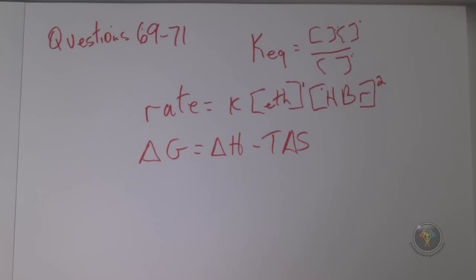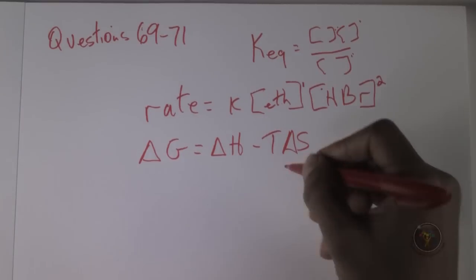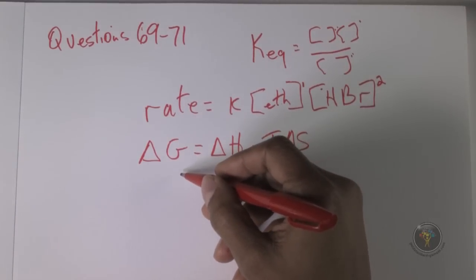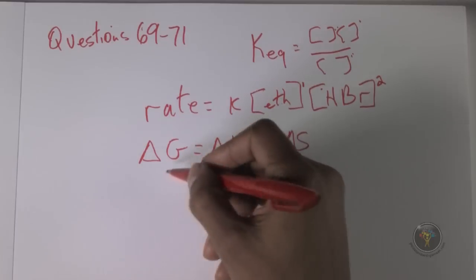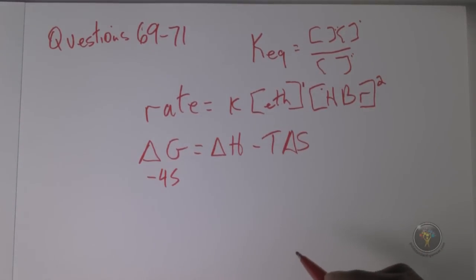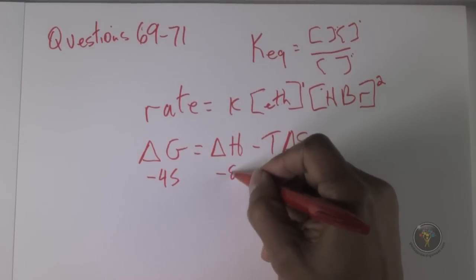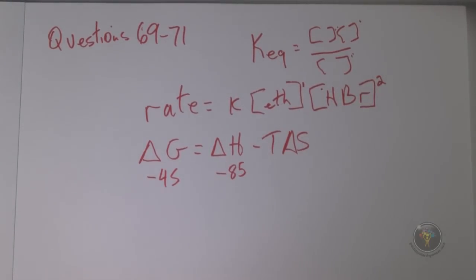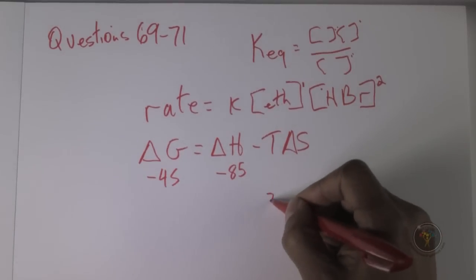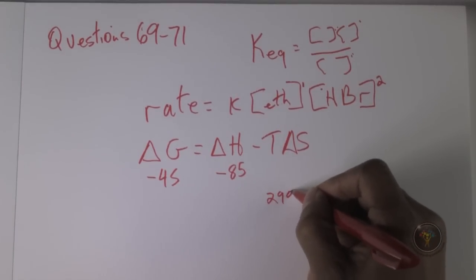We're told that the reaction at 298 Kelvin has delta G of minus 48, delta H of minus 45 kilojoules, and minus 85 over here. So this is happening at 298 Kelvin.